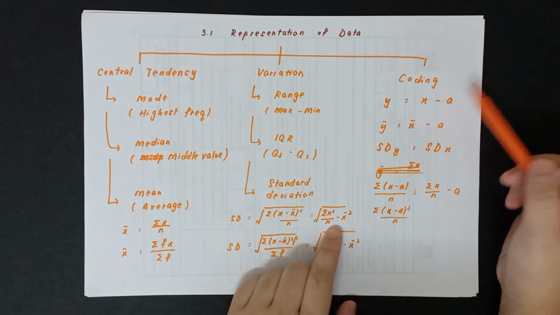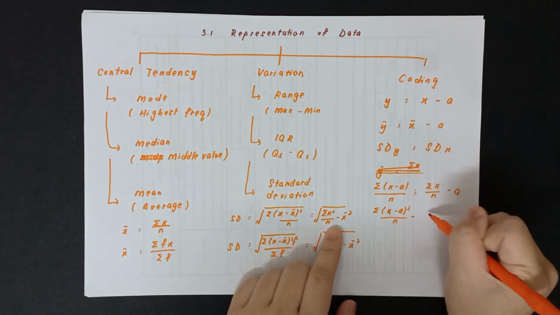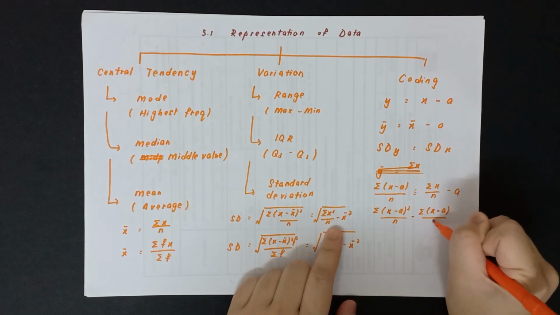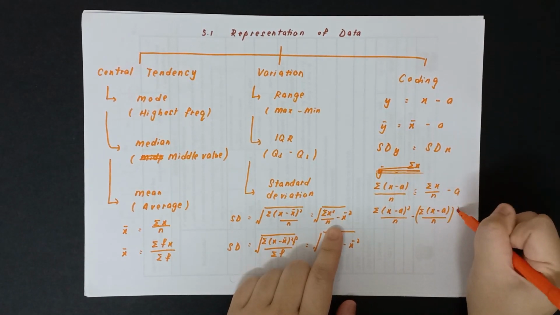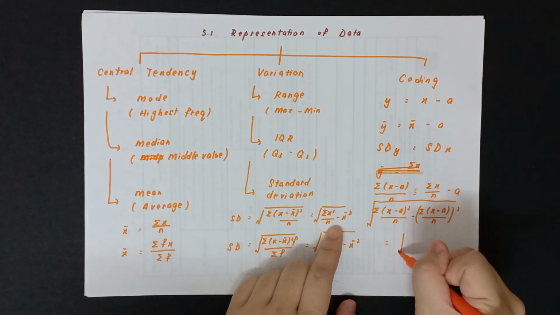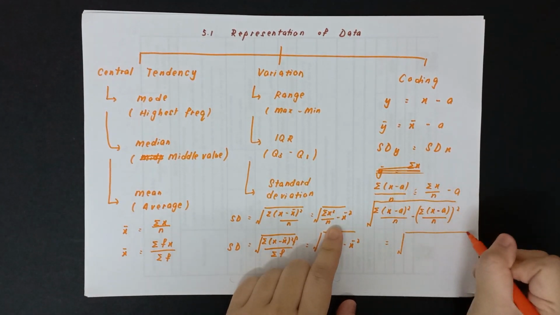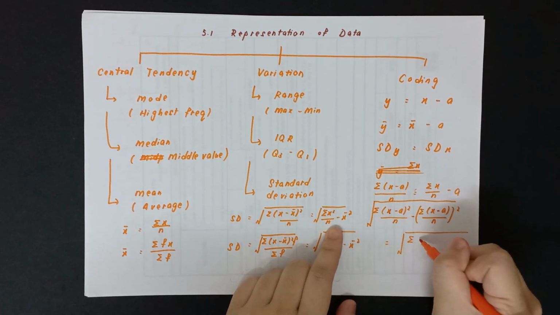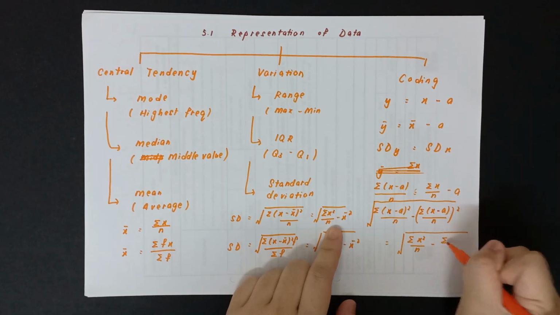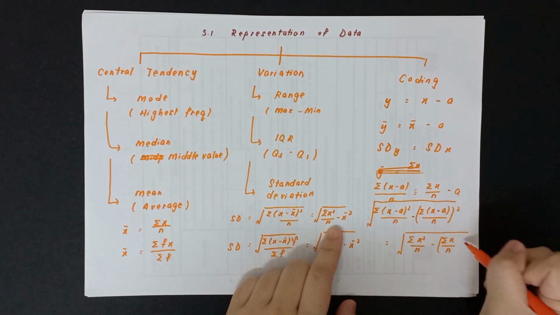It is x minus a, squared. Then minus my mean, divided by n as well, then the whole thing squared. This will be exactly equal to the square root of the sum of x square over n minus the sum of x divided by n, squared.